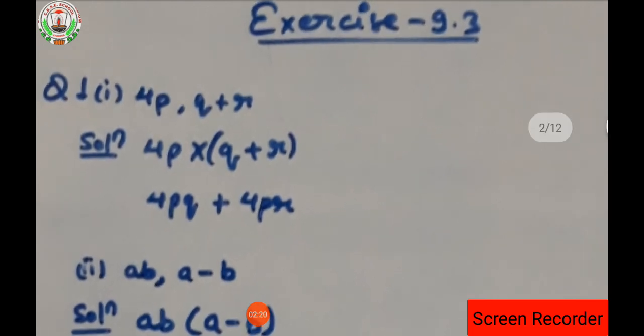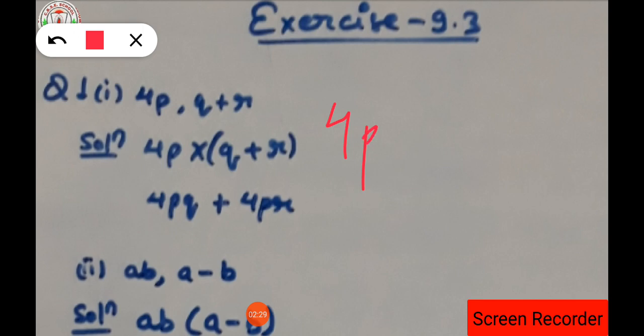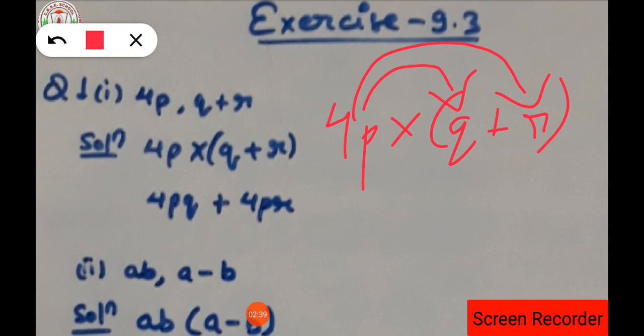So here, as I told you, in the first question it is said to find the multiplication, carry out the multiplication. That means 4p will be multiplied with q plus r, isn't it? So 4p will be multiplied with q as well as with r. 4p times q will become 4pq.